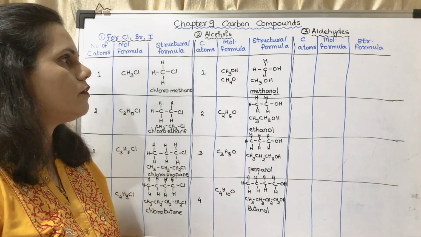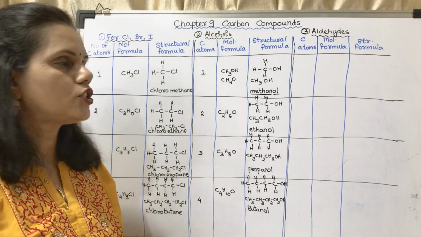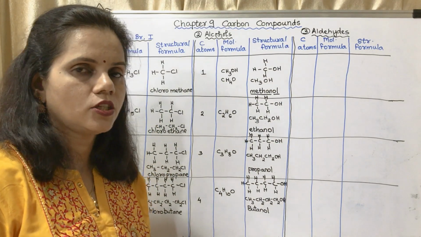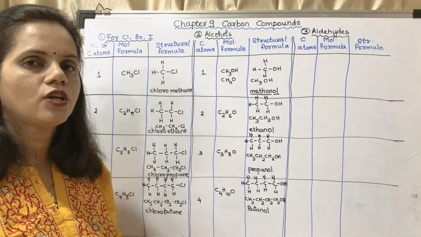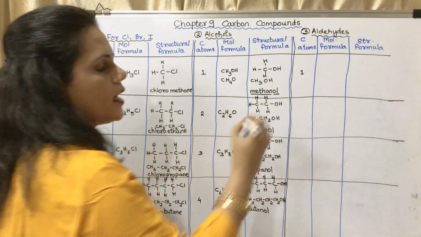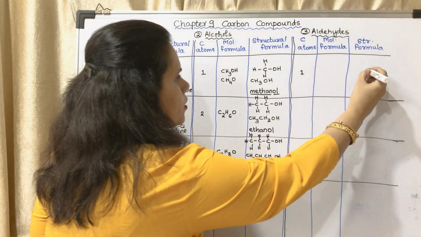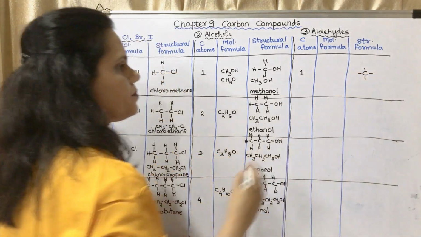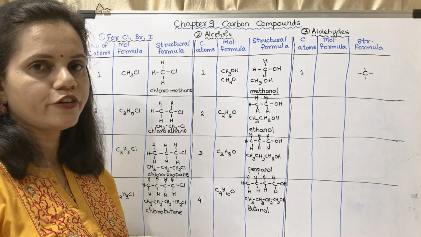Okay. Now we may move on to the next functional group, that is aldehyde. What is the structure of aldehyde? It is CHO. Okay. So first with 1 carbon atom. It is having 4 lines.